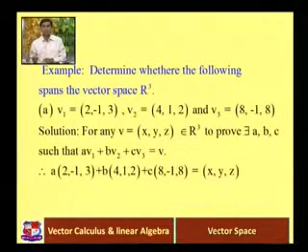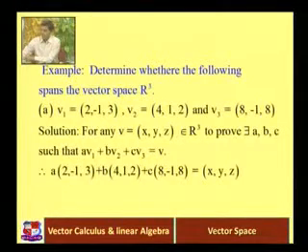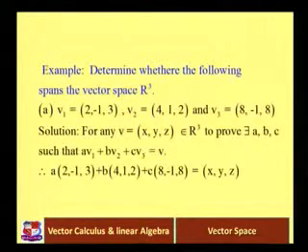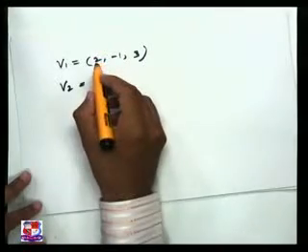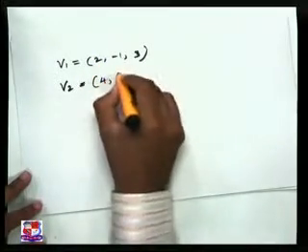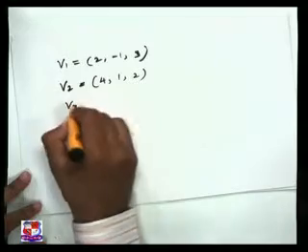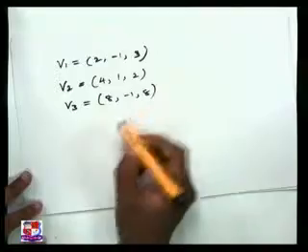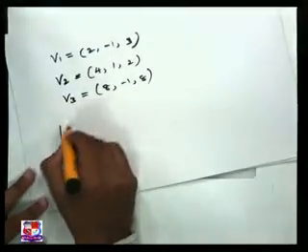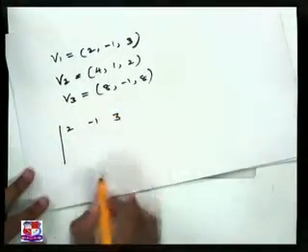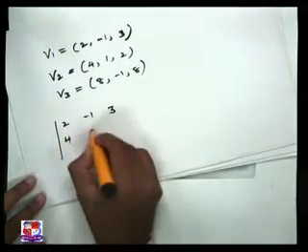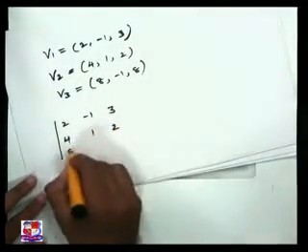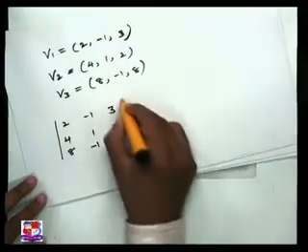See, V1 is equal to 2 minus 1 3, V2 is equal to 4 1 2, and V3 is equal to 8 minus 1 8. So what is the determinant? 2 minus 1 3, 4 1 2, 8 minus 1 8.